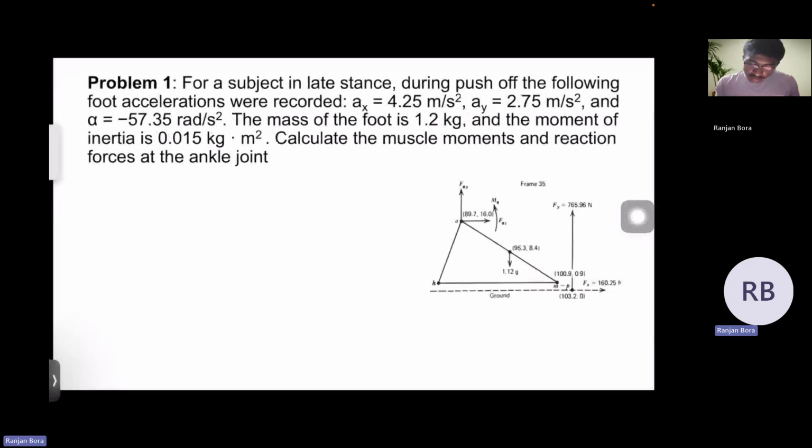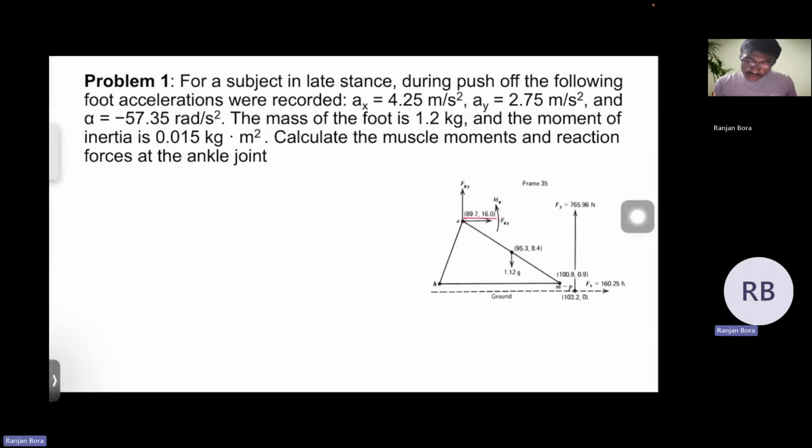So we can see here these coordinates are given. This is the coordinate for the ankle joint, this is the coordinate for the center of mass of the foot, and this is the coordinate of the toe. From this coordinate data, we first need to find the distances from the ankle joint, because we'll need these distances while calculating the moments about the ankle joint.